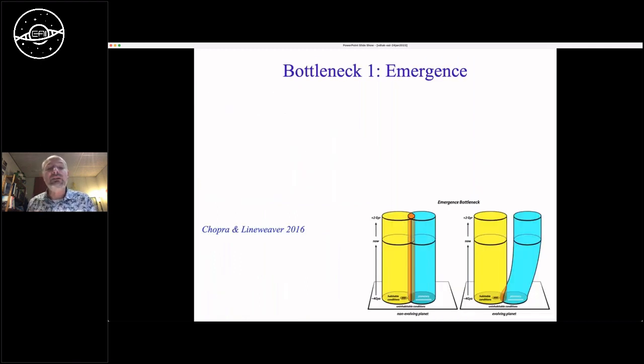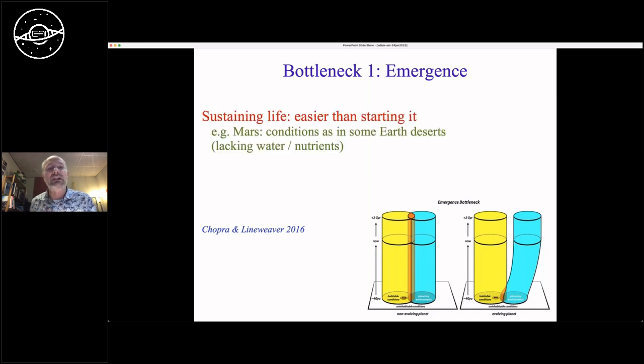So what is wrong? Why don't we see civilizations everywhere? There are a few theories about this, and the first one is that life is much easier to sustain than it is to start. The example of that, I guess, is Mars, which is of course cold and dry, but it is not so unlike some places on Earth, some deserts that are cold.